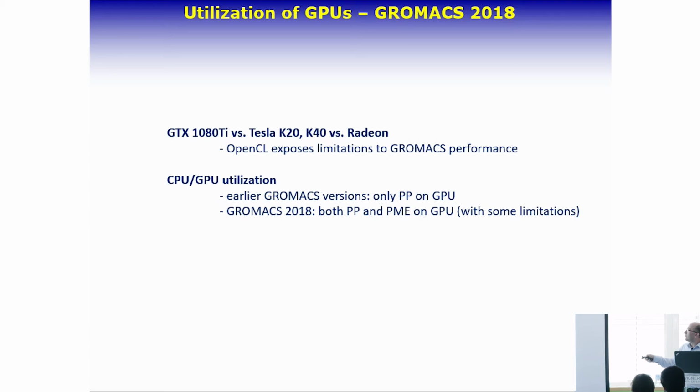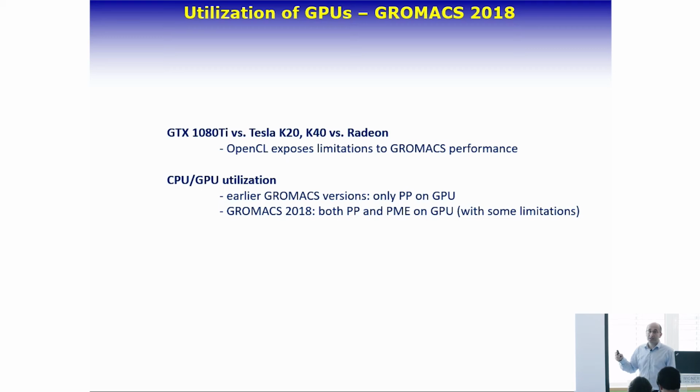But for non-NVIDIA cards you had to use OpenCL, which exposes limitations in this software to the performance, and which is also important change in the last year that we got the newest version 2018.